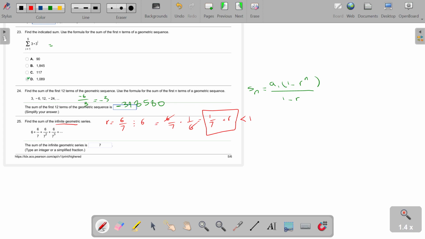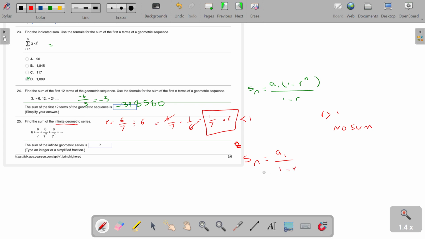But if the R value is greater than 1, then the series is going to have bigger and bigger numbers, and there's no end to that, and we are not able to find the sum. So if R is greater than 1, there is no sum. If R is less than 1, there will be a sum, and the formula for that will be S equal to A1 divided by 1 minus R.